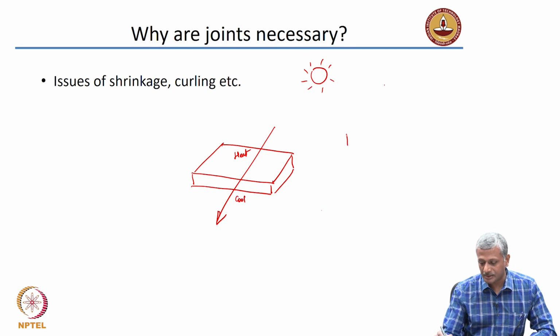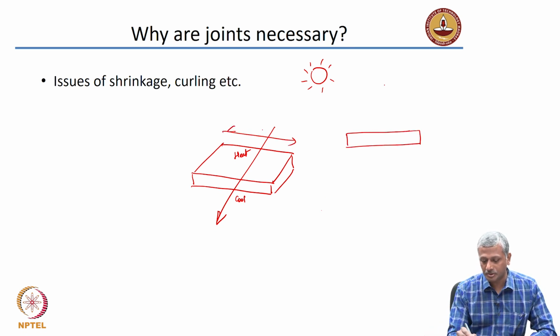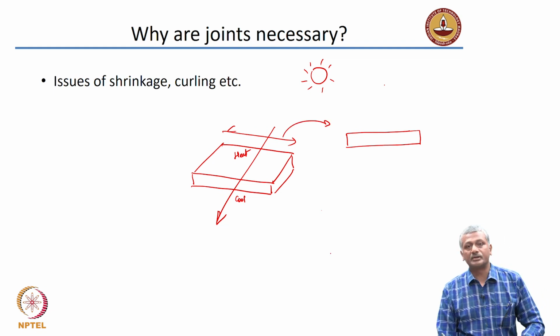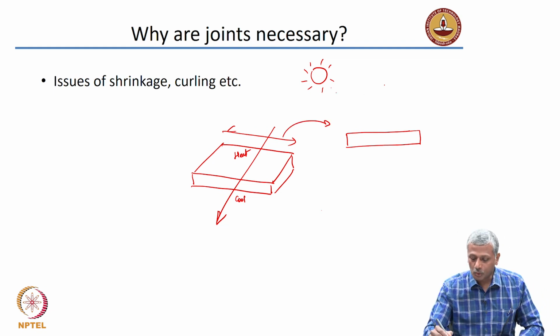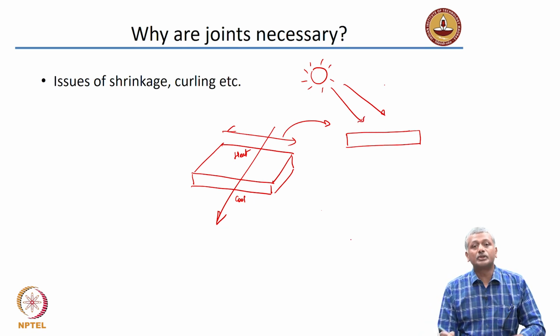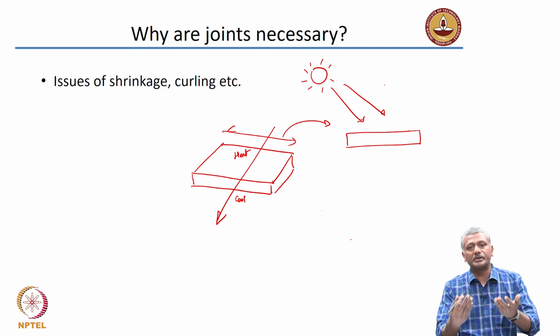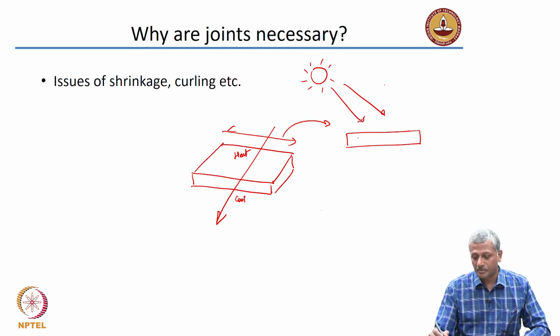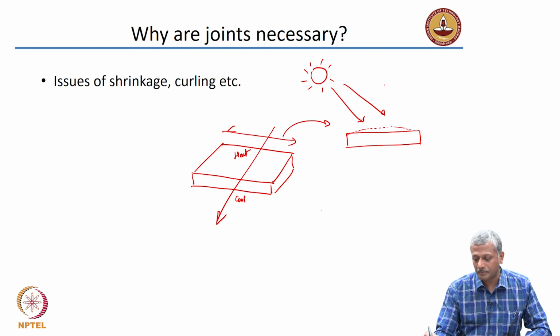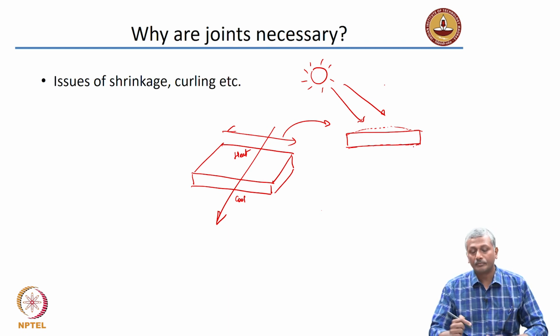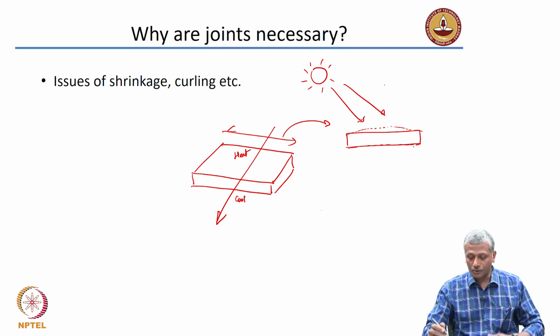If I draw the slab like this, solar radiation causes the top to get heated up, so the top is having a higher temperature as compared to the bottom. Because of that, there may be some expansion of the top, whereas there will be some contraction of the bottom. Bottom wants to contract, top wants to expand.